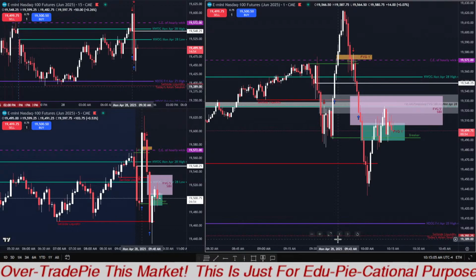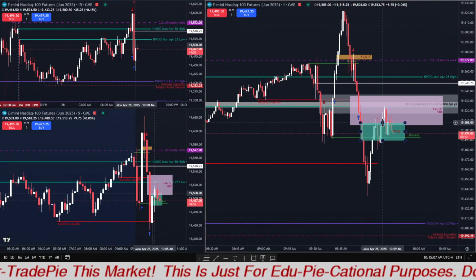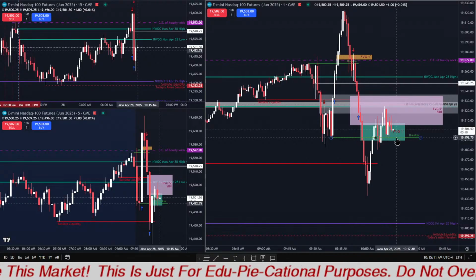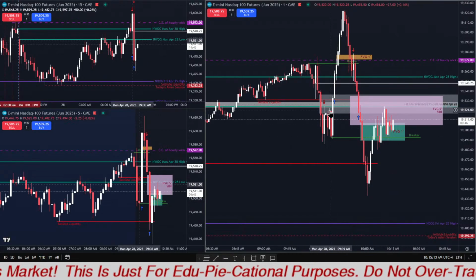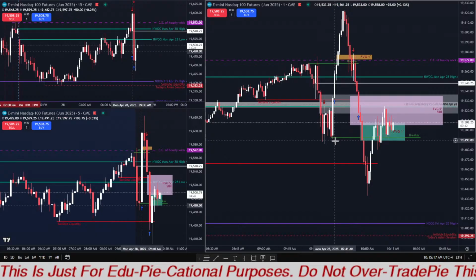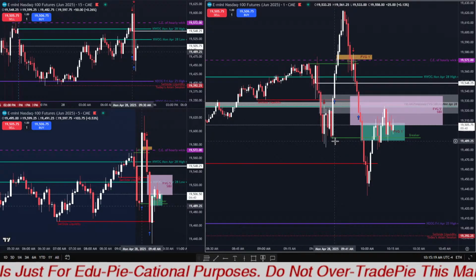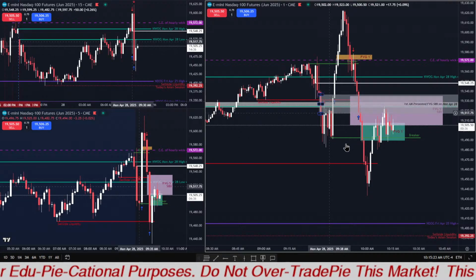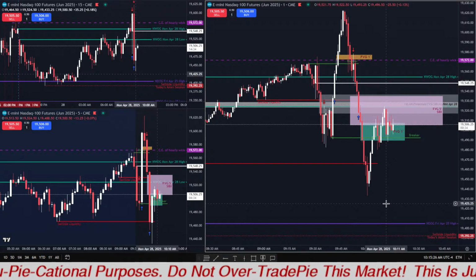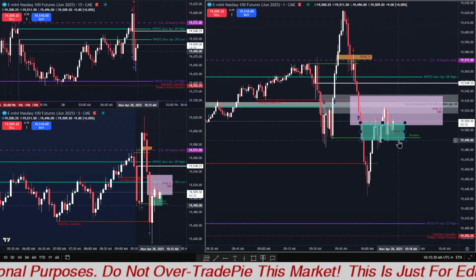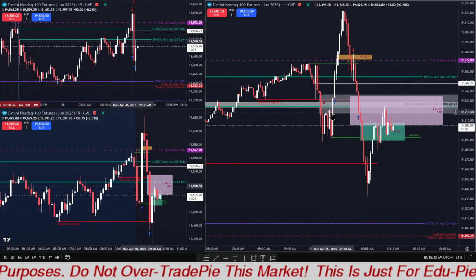So far we are in very dirty consolidation over here, and I'm expecting this to continue in the next 5 minutes because we are trading inside this breaker block over here, and there is a macro in the market that happens between 10:20 and 10:40 New York local time, and we are inside this breaker only.